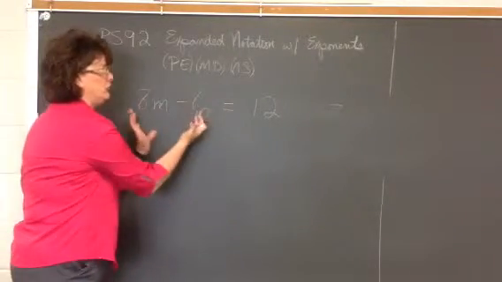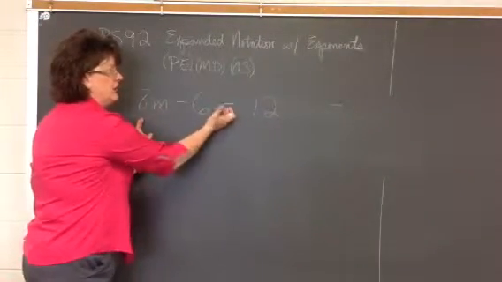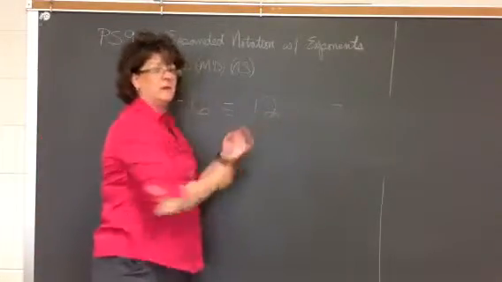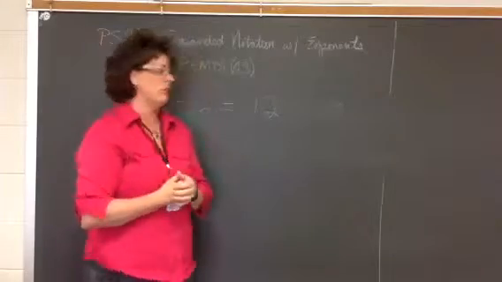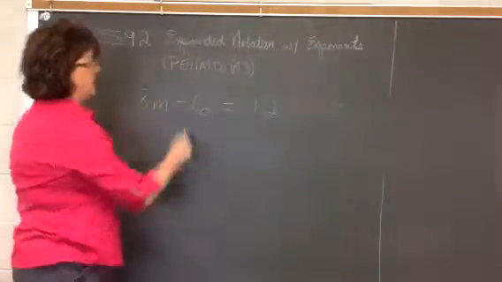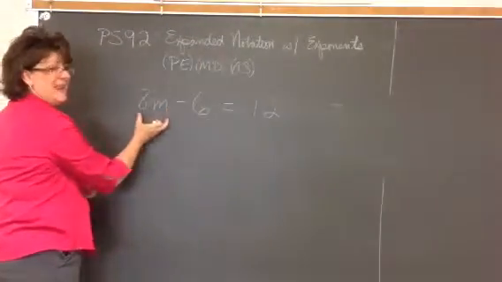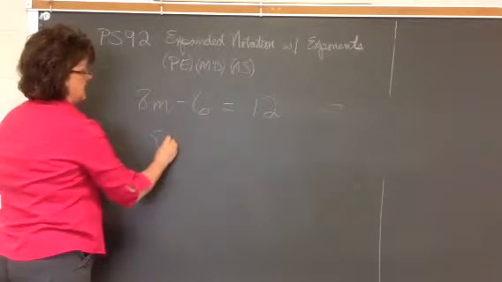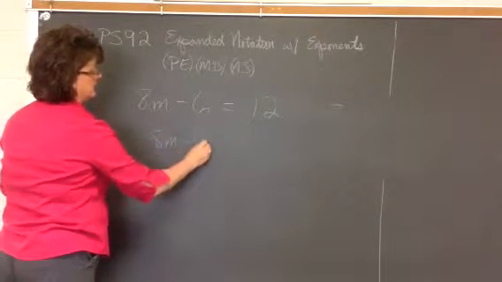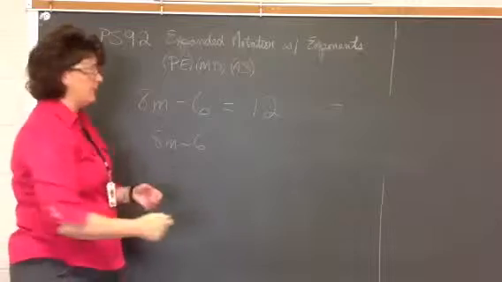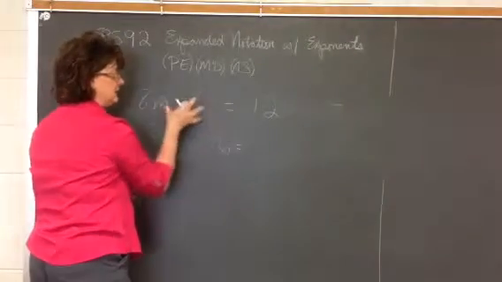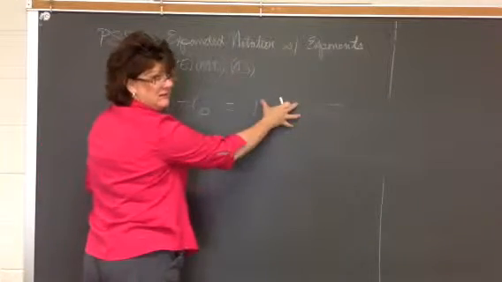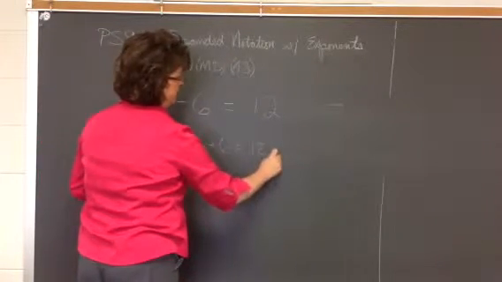So whatever you do to the left side of the equation to keep it equal, you do it to the right side. So we want to neutralize. We're going to use the inverse operation of everything that we're doing. My first job is, I want to get rid of this 6. I want to try to get 8m by itself. So 8m, I was subtracting 6. To neutralize that inverse operation, add 6. And what you did, you added 6 on this side, you have to add 6 on this side. 12 plus 6.